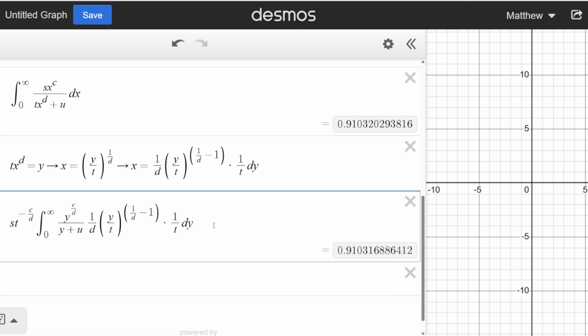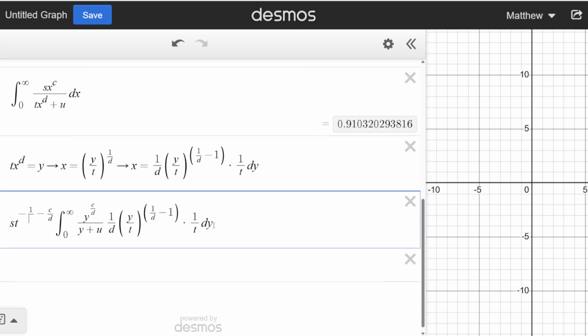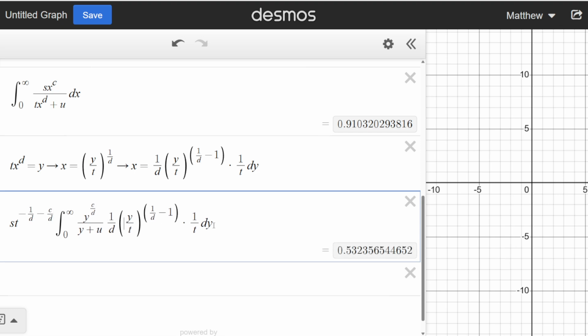Let's see. We can combine this with this right here, and bring it all out as a t to the negative 1 over d. So negative 1 over d, and then we don't need this, and we don't need this.